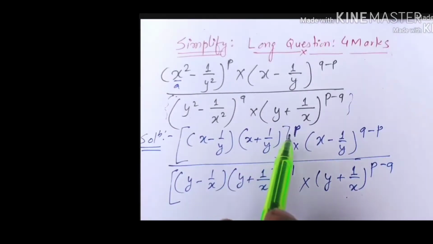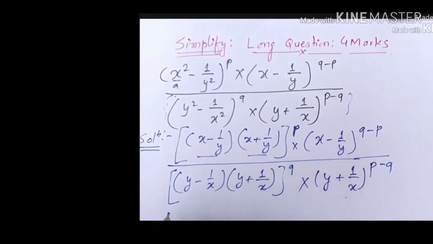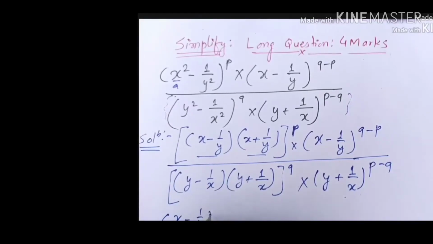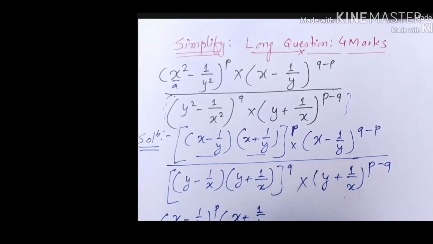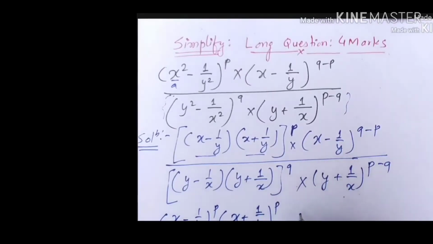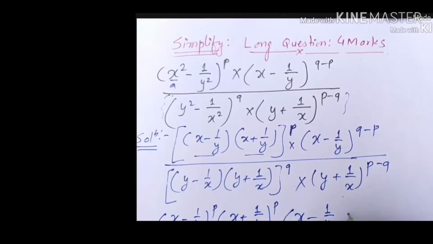Now this power p is for this term and this term, so you can write separately (x − 1/y)^p (x + 1/y)^p, and now this remaining term is (x − 1/y)^(q − p).